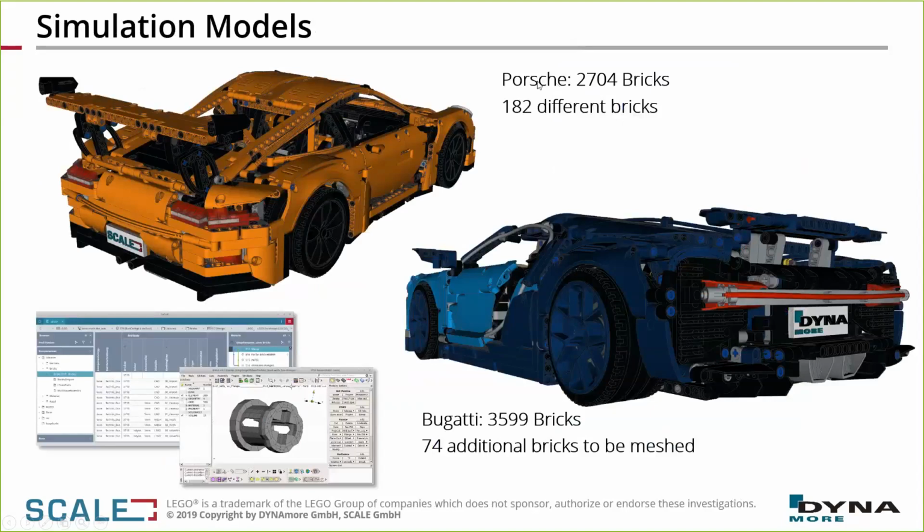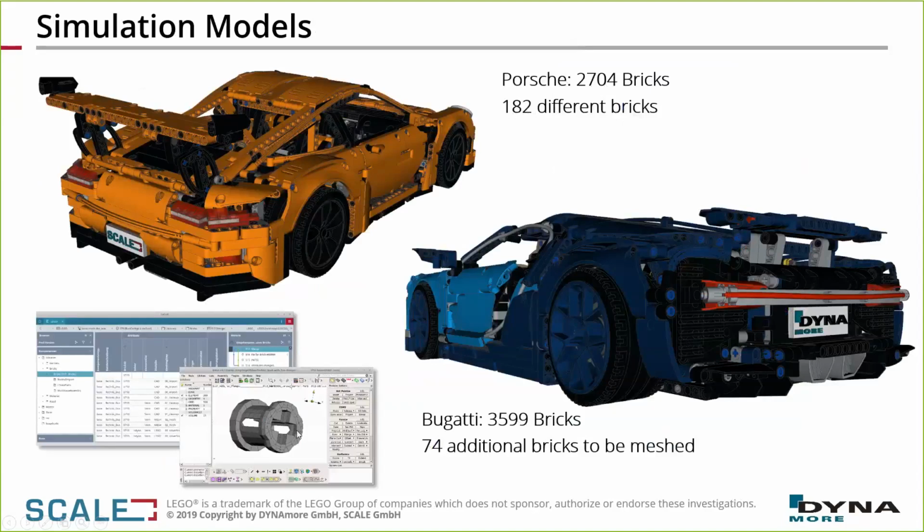As told earlier, the Porsche already had 2,704 bricks, which were only 182 different bricks. The Bugatti is a bigger model and has 3,600 bricks, and fortunately only 74 different bricks.